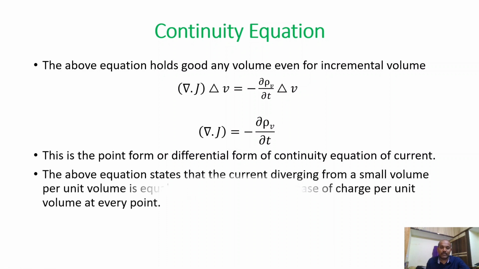This is a very important equation, which states that the current diverging from a small volume per unit volume is equal to the rate of decrease of charge per unit volume at every point.